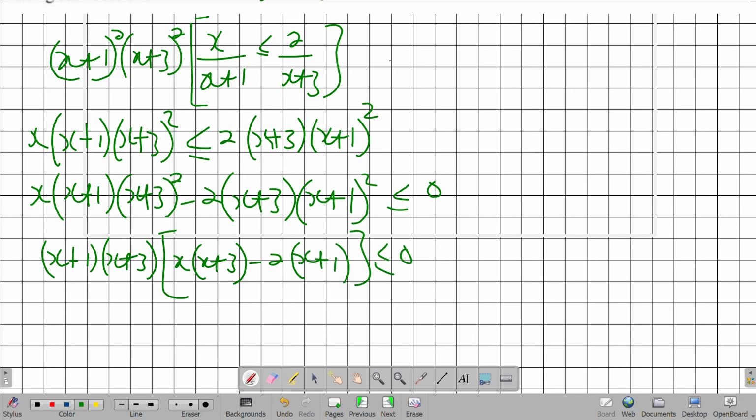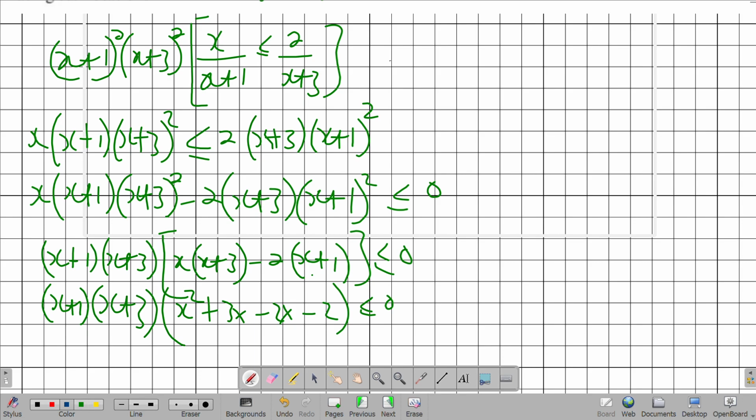Just have a look at my factorization. I took out x plus 1 and x plus 3, then we have x and x plus 3 minus 2. We took out x plus 3, that's gone, and that's it. That's correct. So this is quite easy to deal with because x plus 1 and x plus 3 are part of the critical values, and in here we are going to have x squared plus 3x minus 2x minus 2 is less than or equal to 0.